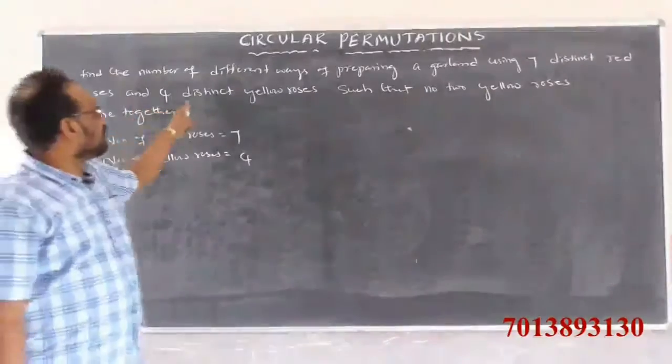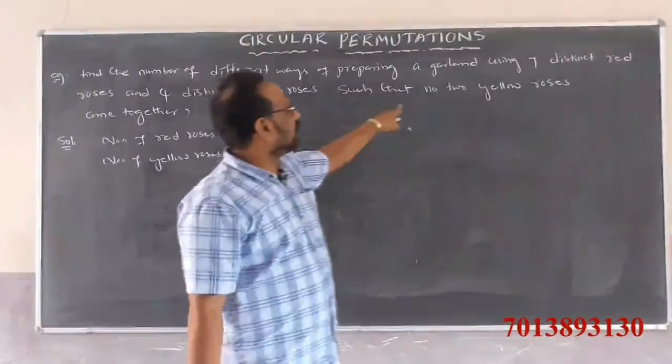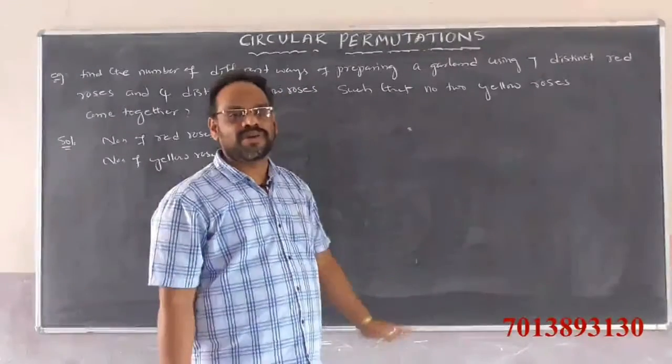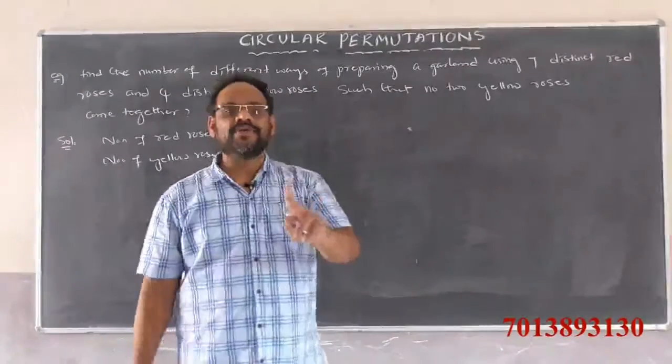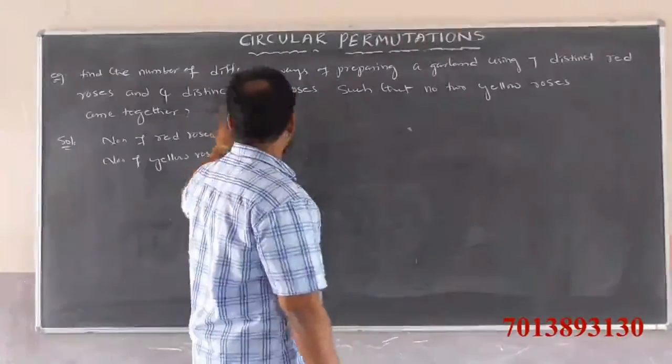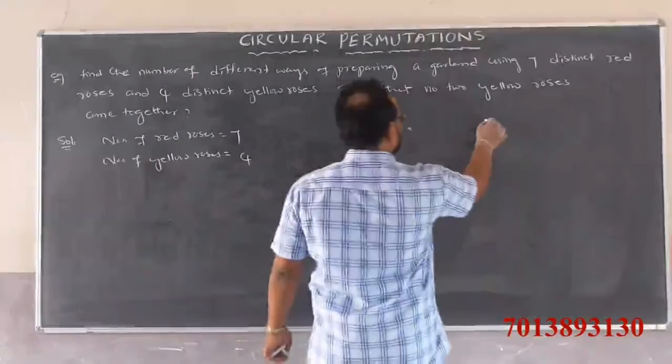They gave one condition, that no 2 yellow roses come together. That means any 2 yellow roses not at all come together. That means we want a circular permutation.